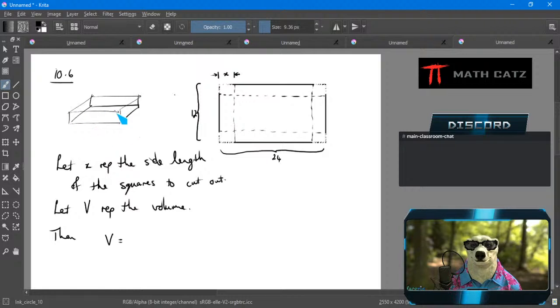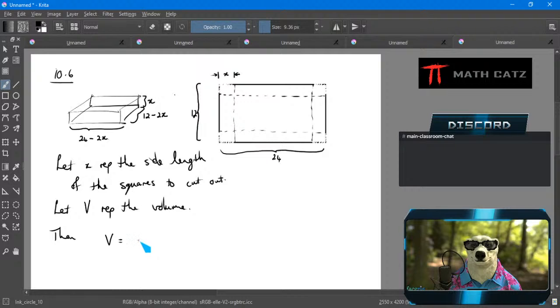Once I fold it up, it changes the length to the original 24 minus 2x, the lengths that were cut out on either side. The width of the box is now 12 minus 2x, and the height or the depth is that exact square length that I'm folding up. It's going to be the depth of the box.